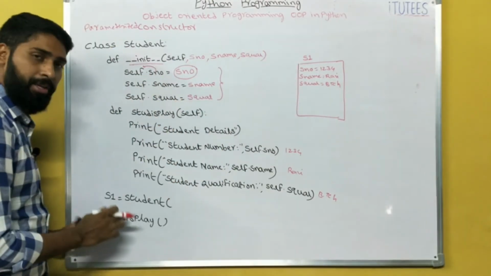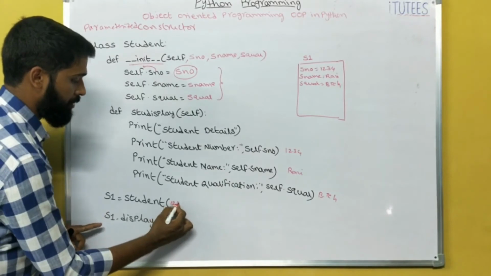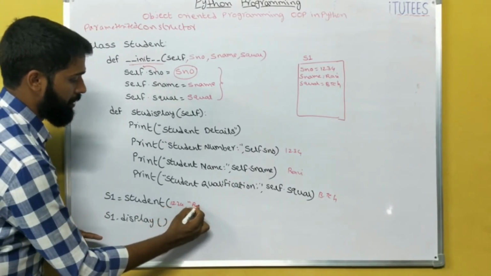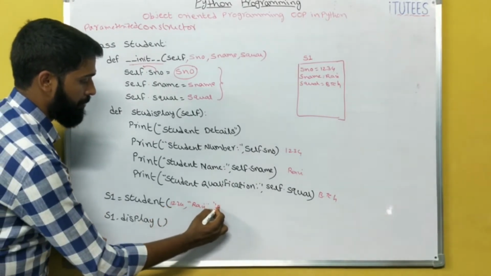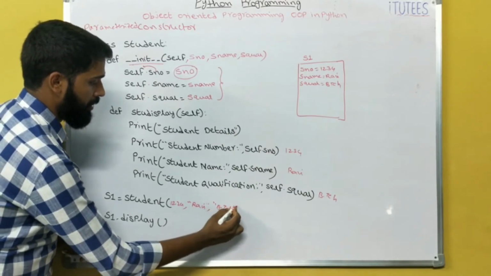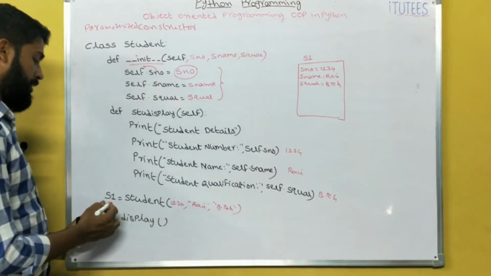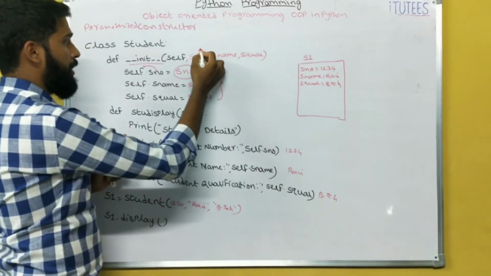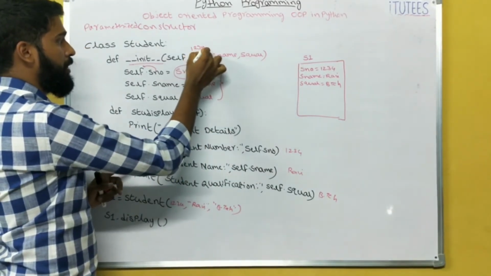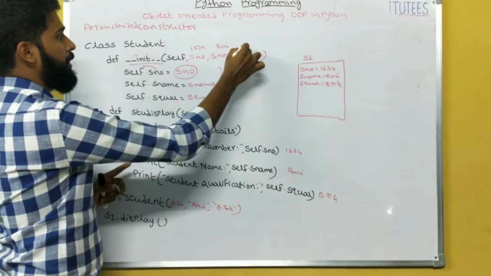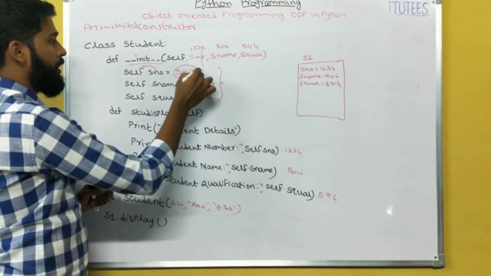When I create the object, I give 1234, Ravi, BTech. So s1 has these arguments.